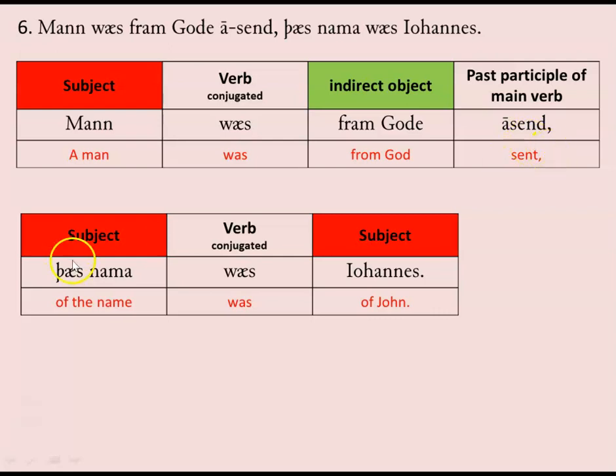And then we go thasnama, of the name. I put it under subject, but it's the genitive here, of the name. It's referring back to the man here. Was, and then subject again. Okay, I think that's all right there.